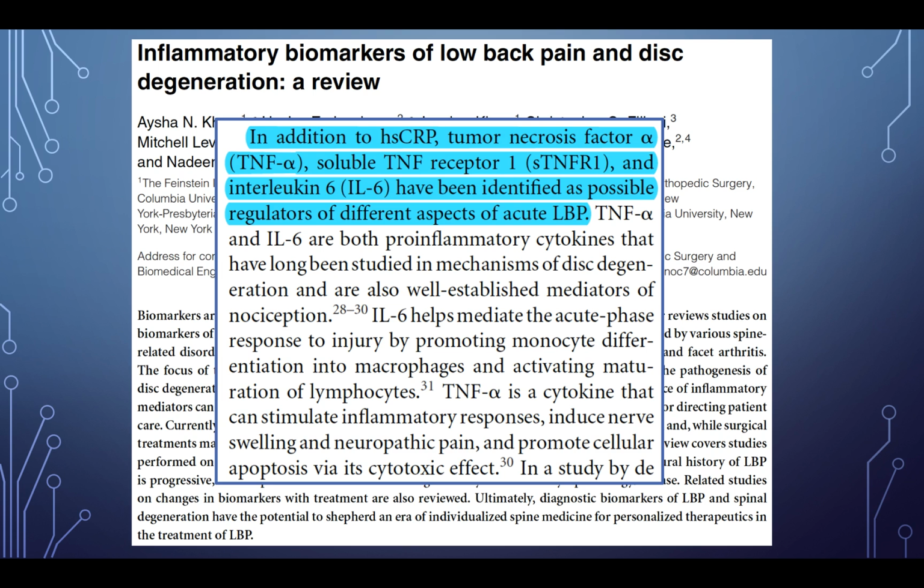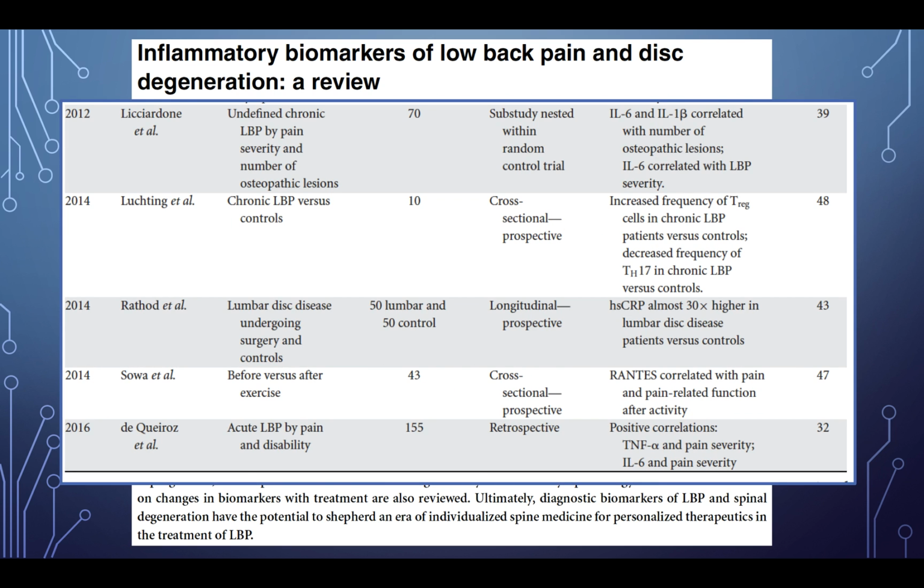Interleukin 6 helps mediate the acute phase response to injury by promoting monocyte differentiation into macrophages and activating maturation of the lymphocytes. And TNF alpha is a cytokine that can stimulate inflammatory responses, induce nerve swelling and neuropathic pain, and promote cellular apoptosis via its cytotoxic effects. So these markers could be elevated in acute low back pain.